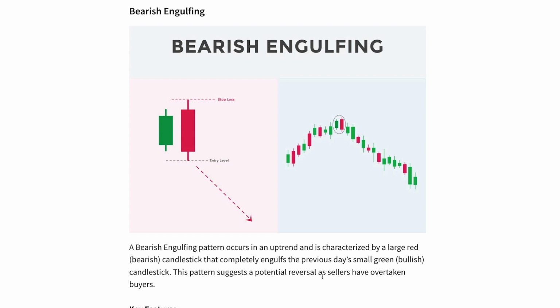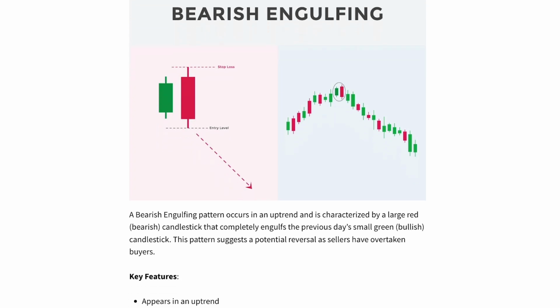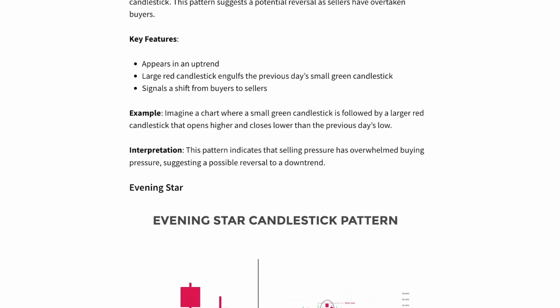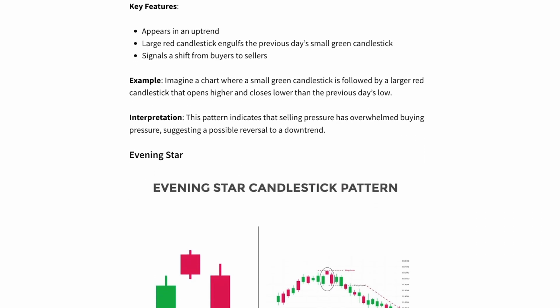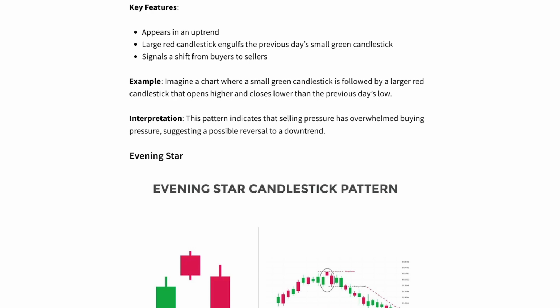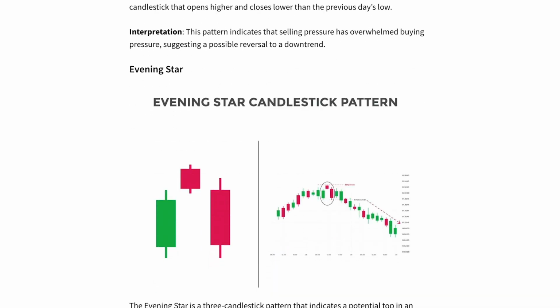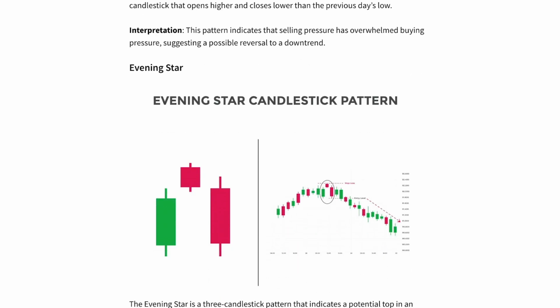The pattern suggests a potential reversal, where sellers may have overtaken buyers. So again, it appears in an uptrend, a large red candlestick engulfs the previous day's smaller green candlestick. So it suggests that a downtrend could be happening.